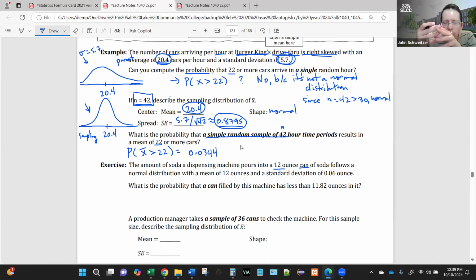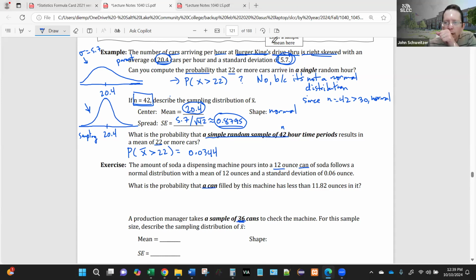So they're using samples. We can imagine we're going to do a sample of, say, 36 cans. We'll do it twice: once where we're just looking at a single can, and then once at 36 cans.